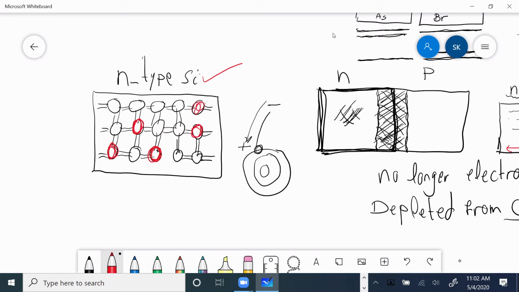Now, these foreign atoms had free electrons. When this atom had freed one electron, this is called an ion. It's a positive charge, a positive charged ion.